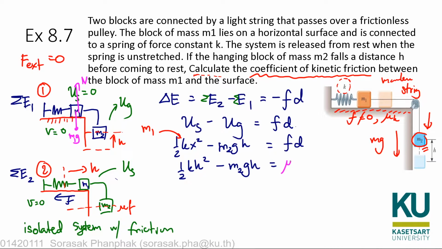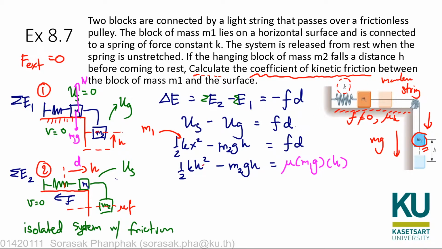So from mu N, you have N as the m1g, and d is the distance that this object is moving, which is h, right? Because this is moving a distance d, so it's h as a distance.